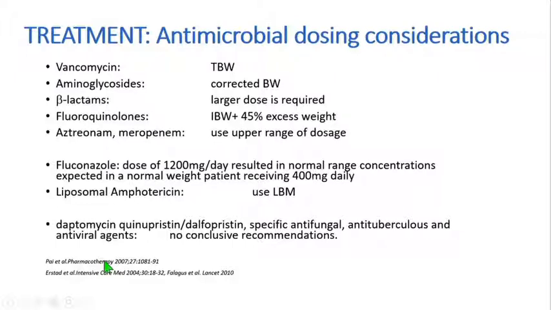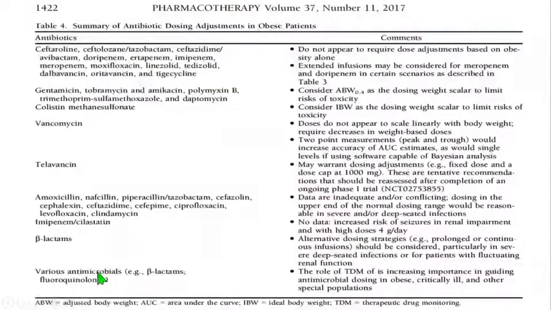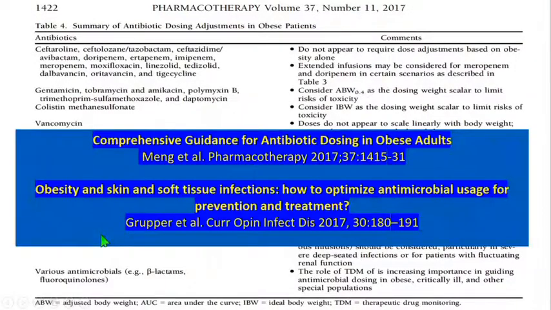You will notice for some antibiotics, you can use total body weight. For others, it's lean body mass or corrected body weight. And to give you a good idea, these are, in my opinion, some great review articles. If you want to go into detail, I would refer to those two.